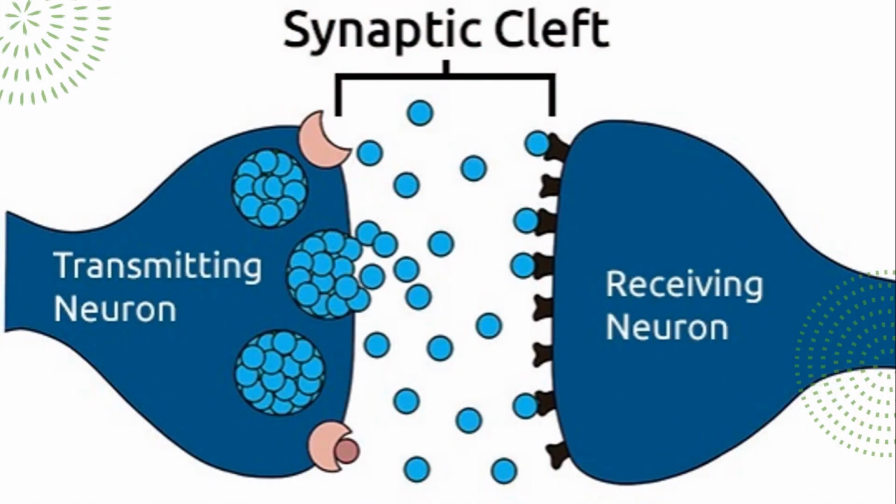So this slide shows us a picture of the synaptic cleft. You see, one neuron is transmitting and the other neuron is the receiver, so it's receiving it. In between that, every action that goes on is the synaptic cleft.